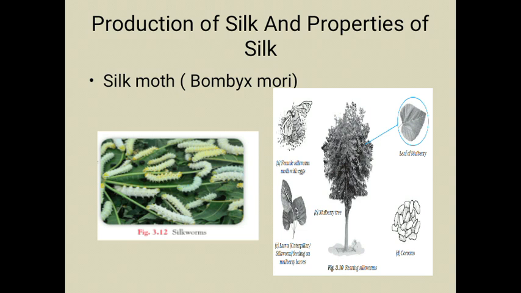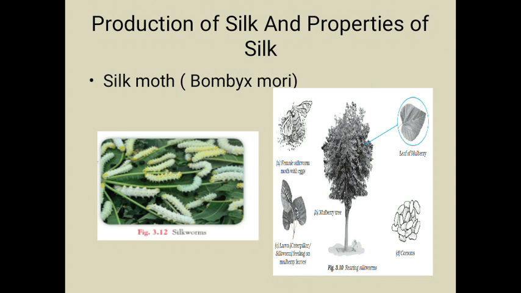There are certain stages involved in silk production. The first stage is the silk moth, that is Bombyx mori, lays eggs on the mulberry tree. These eggs hatch into caterpillars, that is silkworms.